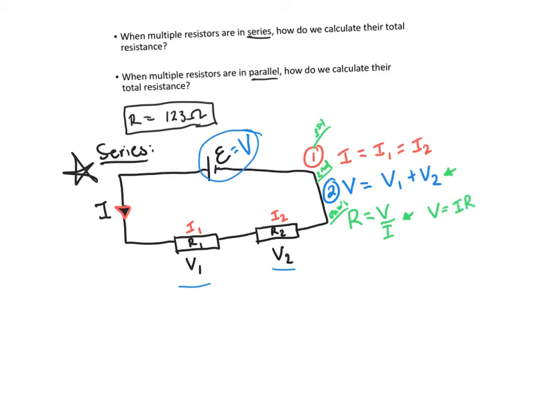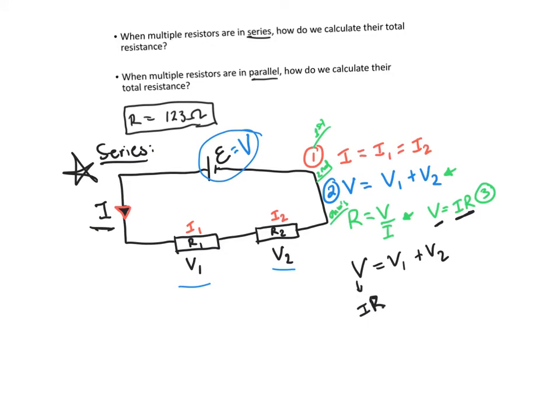Now I will substitute that into equation 2, in the expression basically. So I will rewrite this: V is equal to V1 plus V2. If I replace V with IR in each case, in this case it will be just the total current with the total resistance in the circuit.